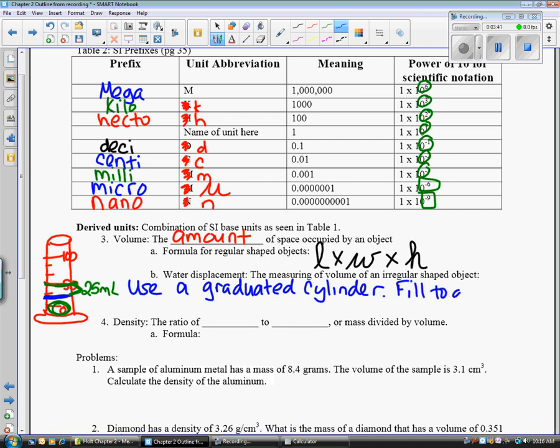I'm saying a certain point because it doesn't matter which one you pick. You're going to be subtracting, so whatever point you like. Fill to a certain point, drop the object in, and subtract the new volume from the old.